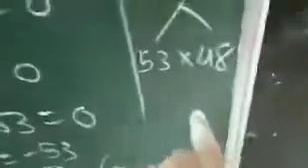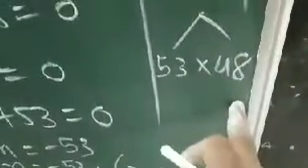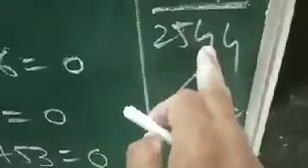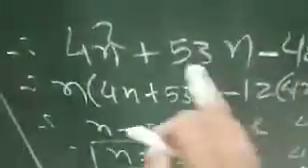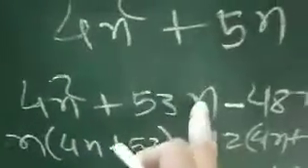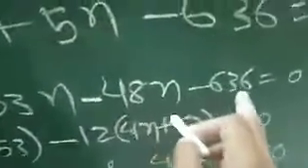Okay, so there are two factors, 53 and 48. It means 53 multiplied by 48 is equal to 2544. So we use these two factors like this. So here 4n square plus 53n minus 48n, then we get the middle term, and minus 636 is equal to 0.